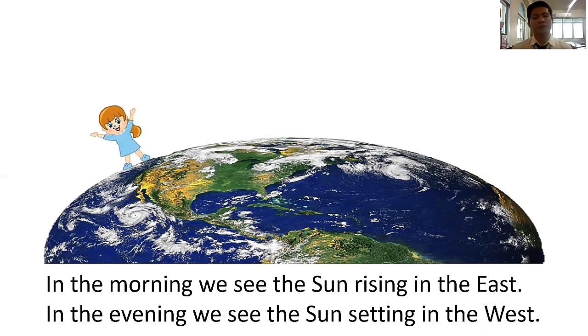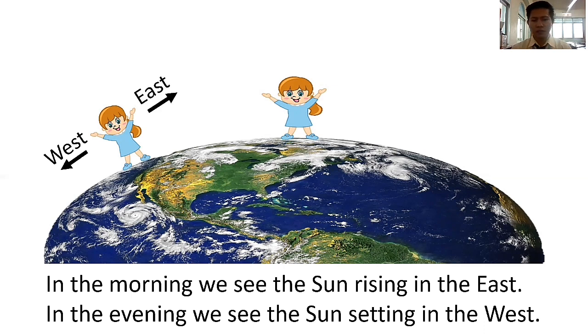Okay, example. Look at this one. The student is standing in this part and here, and this part is going to west, and this part is going to east. And the same as here, this part is going to west, and this part is going to east.